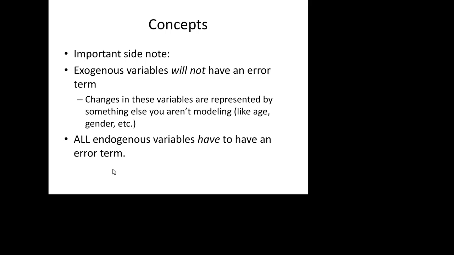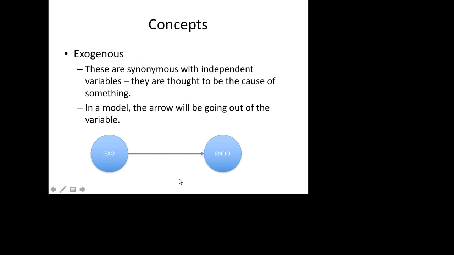Endogenous variables do have error terms. So all variables with an arrow coming into them will have an error term. If I back up for a second, this one would, because the arrow is pointing into it. It has nothing to do with the shape of the object, circle or square; it's all about where the arrow is headed.